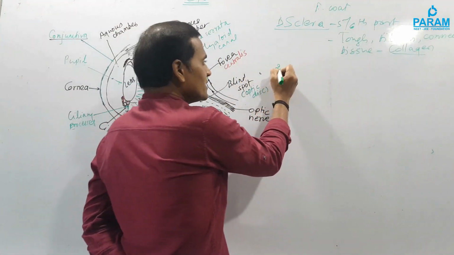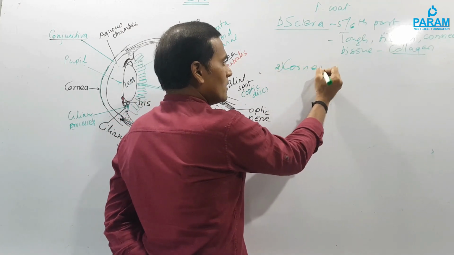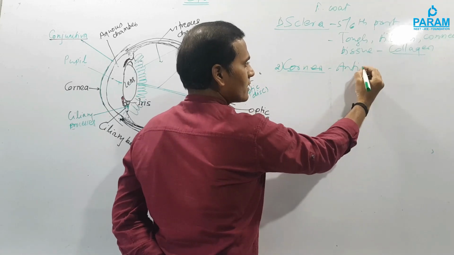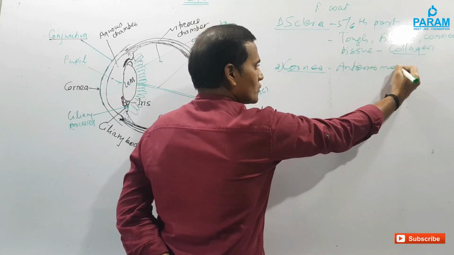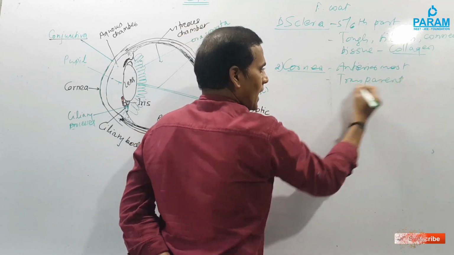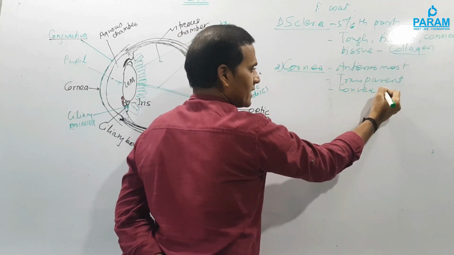The second layer is the cornea, the anterior most region of the eye, which is transparent and convex anteriorly.